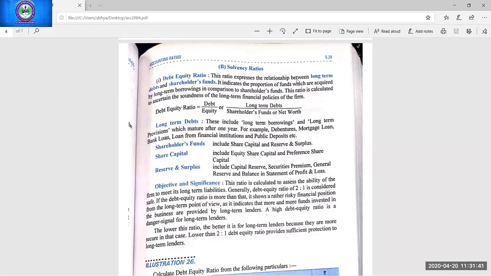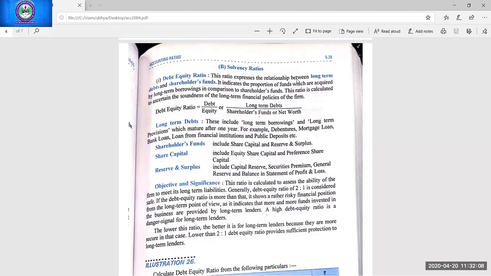If you went to a bank for taking a loan and the bank has analyzed your financial position and your debt equity ratio is 4 is to 1, the bank may deny to grant you a loan because its position will be unsafe. Giving a loan to your business will be comparatively risky because already your ratio is 4 is to 1. 4 is to 1 means borrowed funds are 4 times the owned funds.